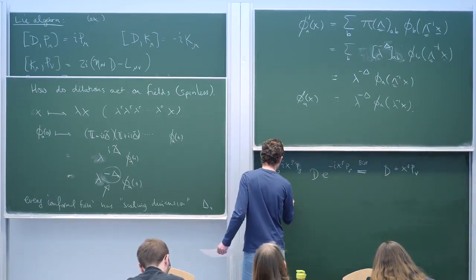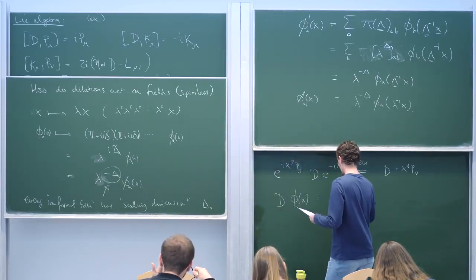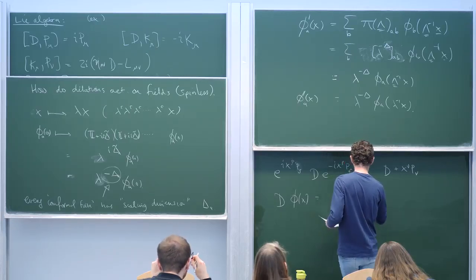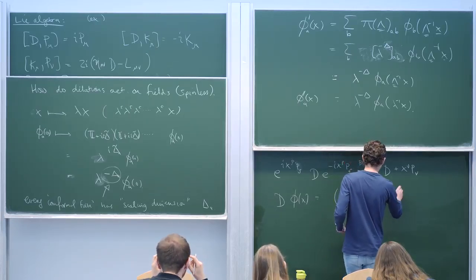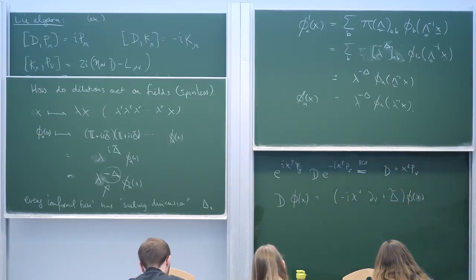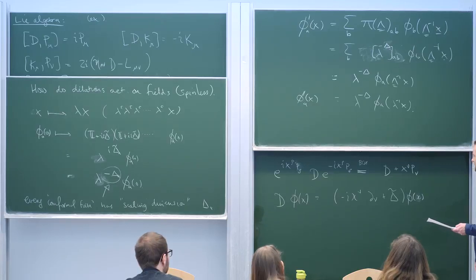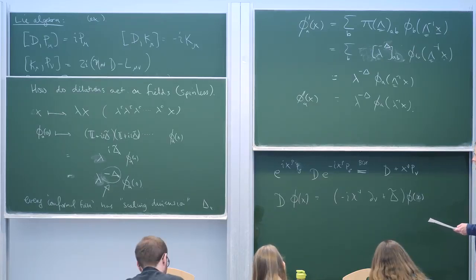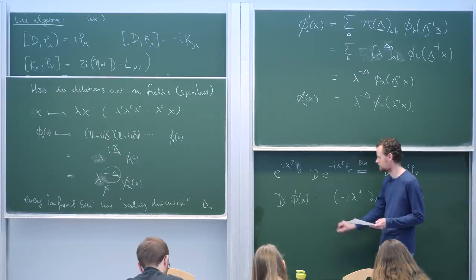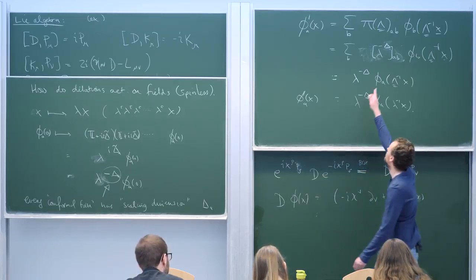So in this way, you can see that the generator D, when acting on phi of x, and that fills in, it's an exercise to fill in the missing step up there.